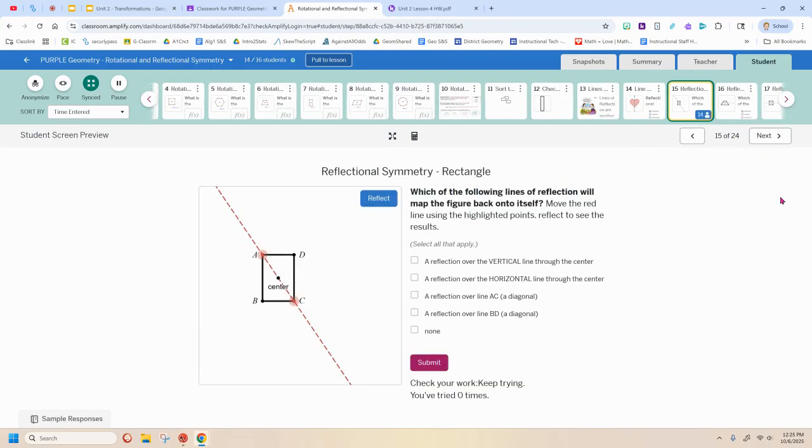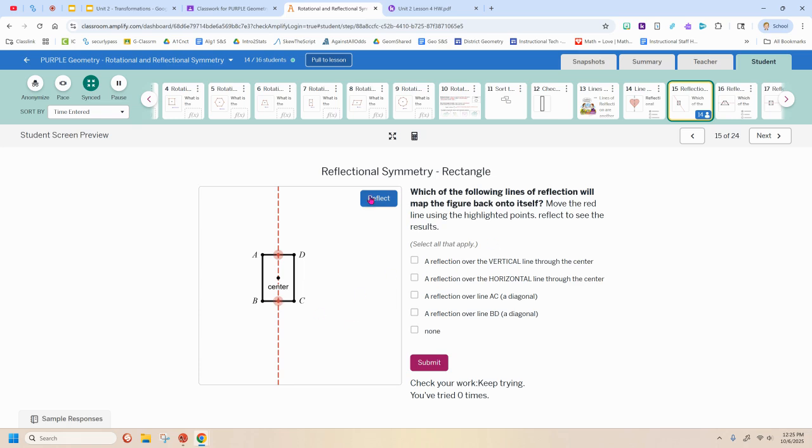Okay. To play around with this, folks, this is what your goal is. Say I go ahead and hit reflect right now. Do you see how it flips it, but it doesn't map onto itself? So then I'm going to move the 2 points to make my line vertical.